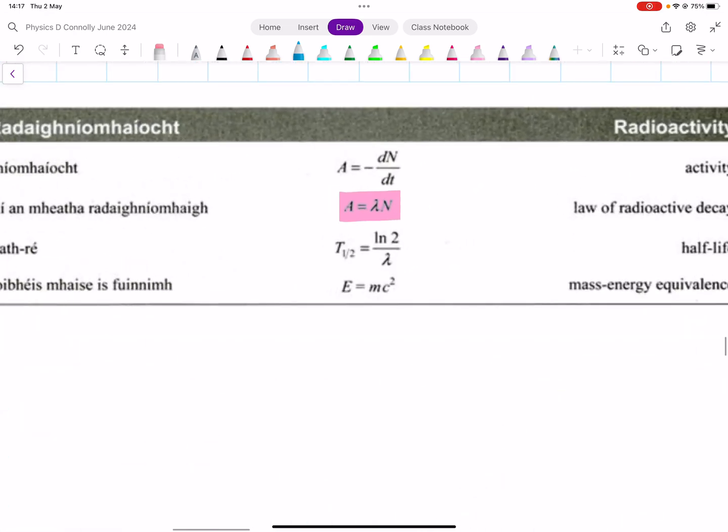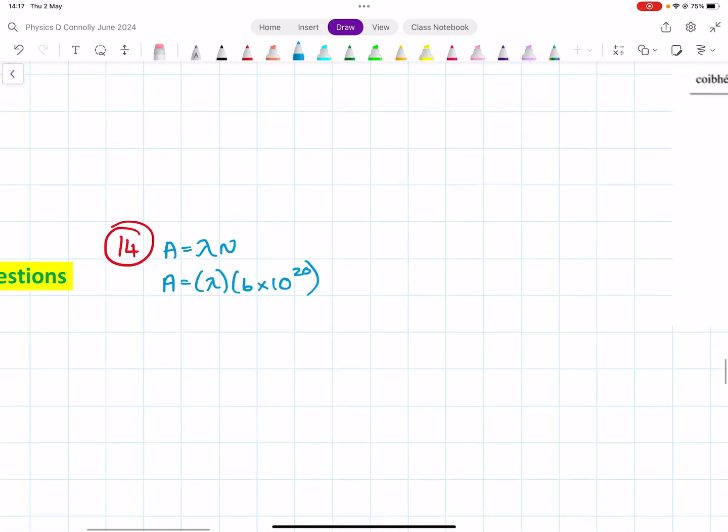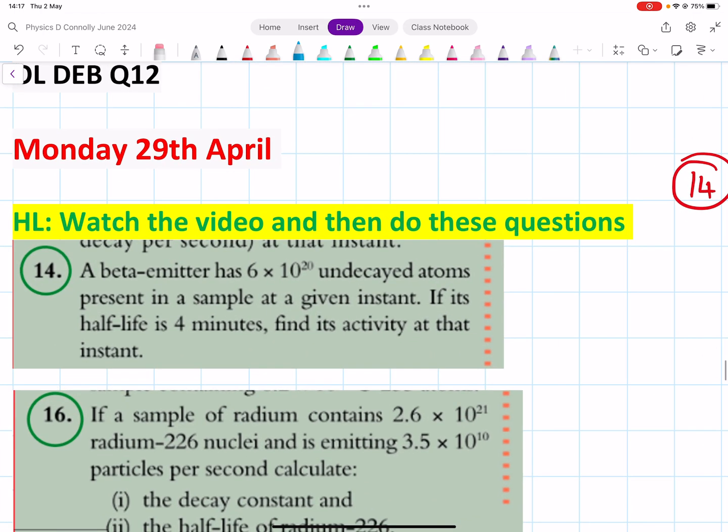If I go over here, the half-life is ln2 over lambda. The half-life is 4 minutes, so if I multiply that by 60, I get 240 seconds.